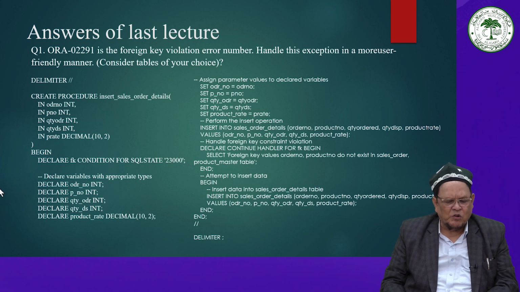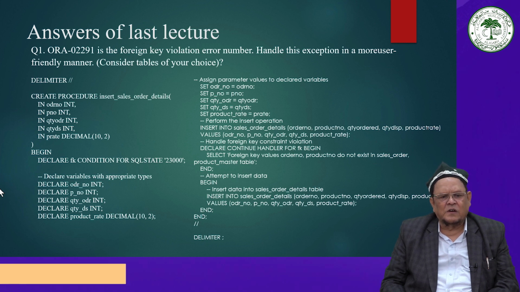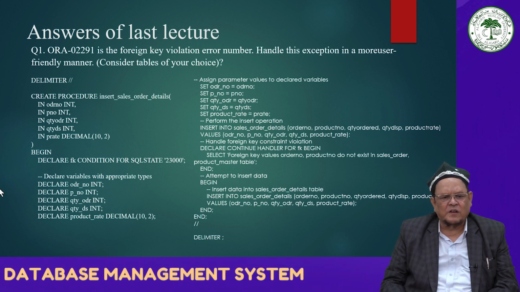Here there are 5 variables you have to declare: declare order_number integer, declare P_number integer, declare quantity_order integer, declare quantity_ds integer, declare product_rate decimal(10,2).